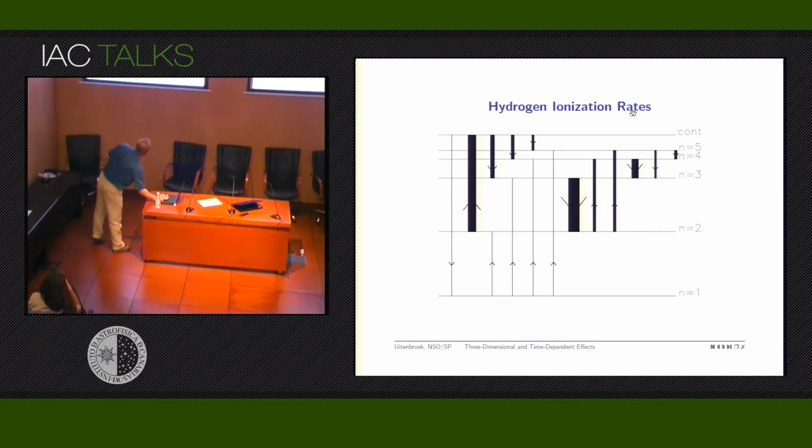This recombination typically occurs to higher levels, and then step by step by photon emission to lower levels.